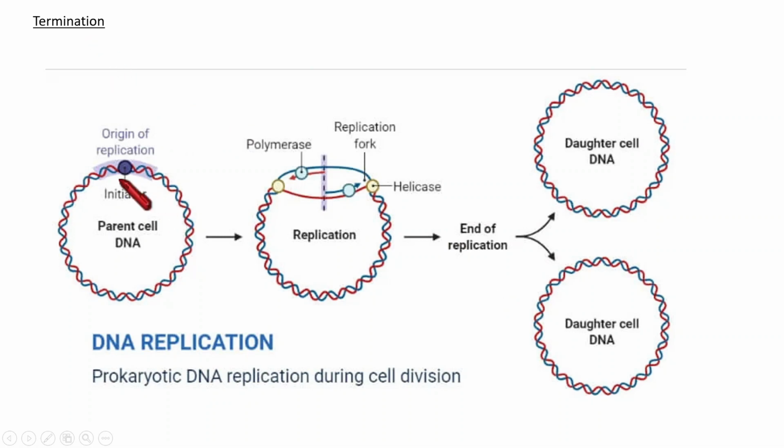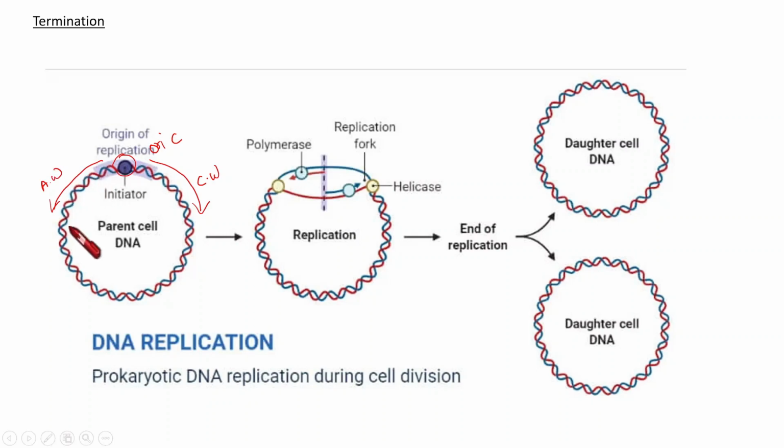Termination. In this picture, we can see the entire prokaryotic genome. Here we can see the origin, or oriC. And from this origin, we have learned that a replication fork will move in opposite directions. This one is clockwise and this one is anti-clockwise.